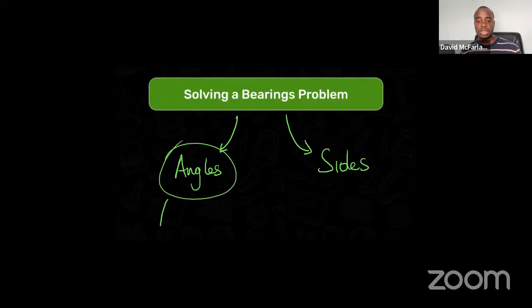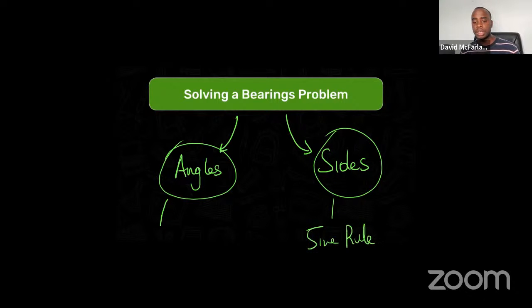If it's an unknown side, we can use one of the rules: the sine rule, the cosine rule, or depending on the triangle, anything that can apply. Sometimes in these problems, you'll see something is to the east or to the west, and that can give you an idea of what to sketch.